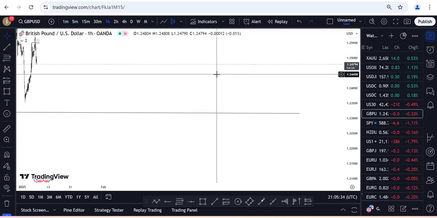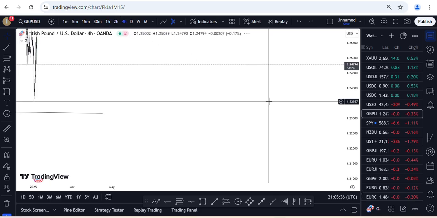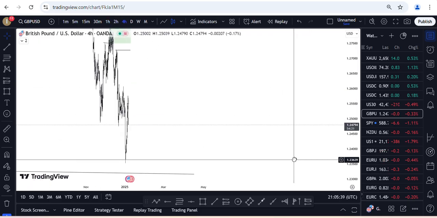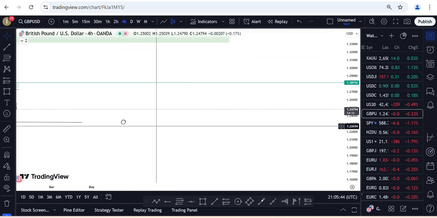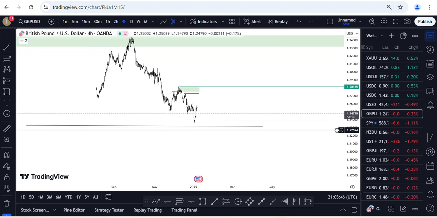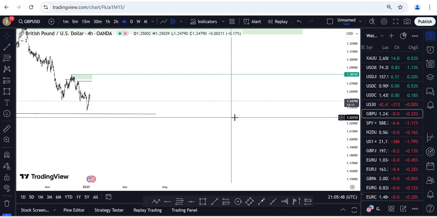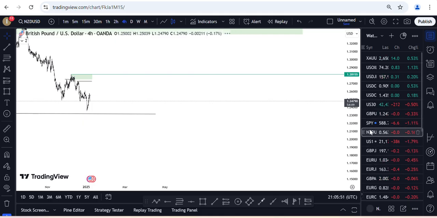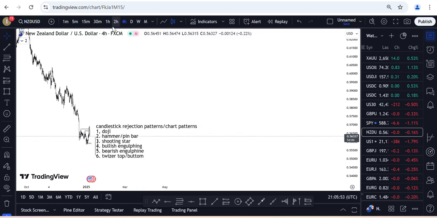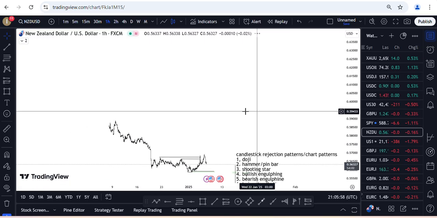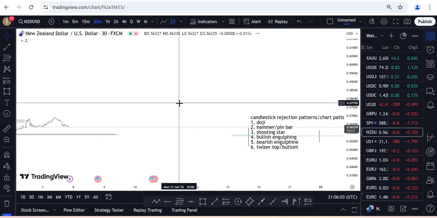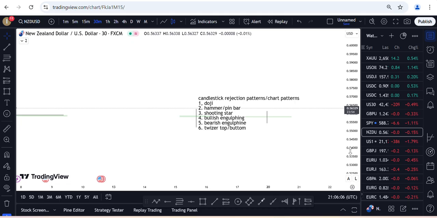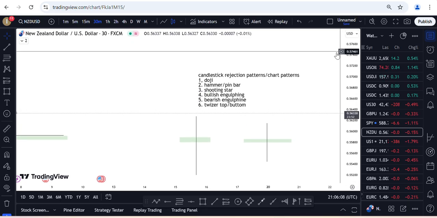Have they gone off the chart? This is on the GBP chart now, right? Or is it NZD USD? Okay, NZD USD. My bad. Okay, so this is where I wrote them. Okay, cool.